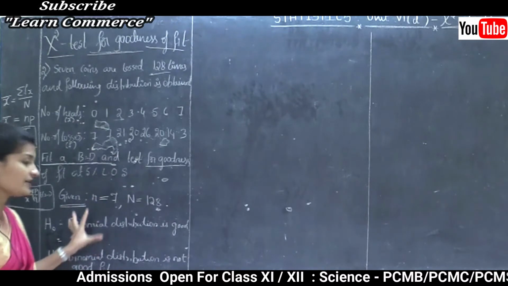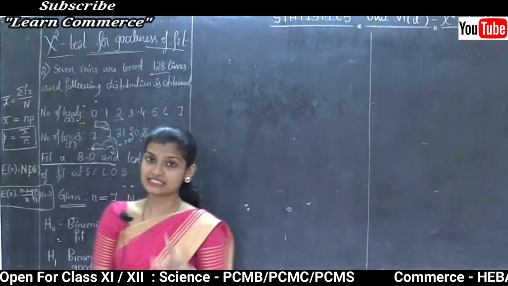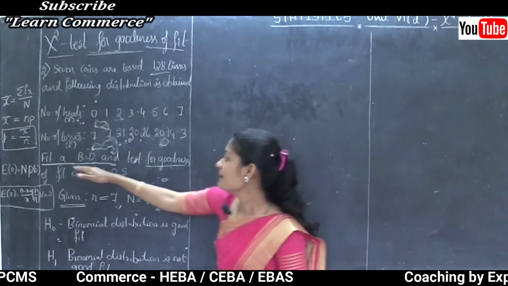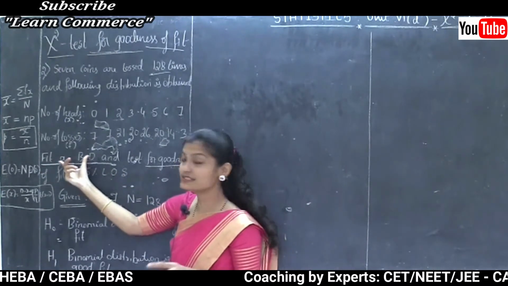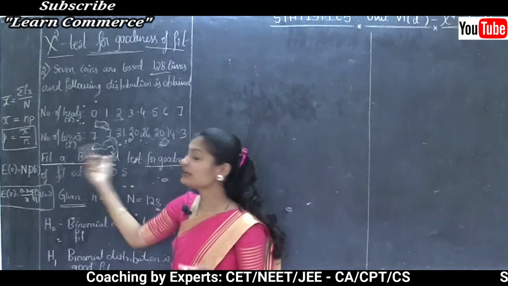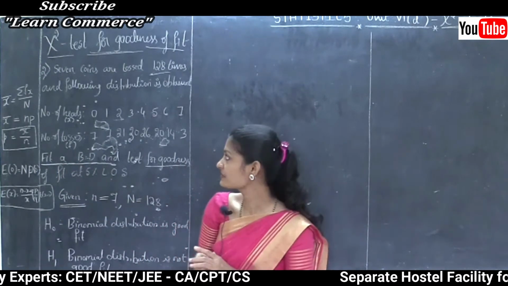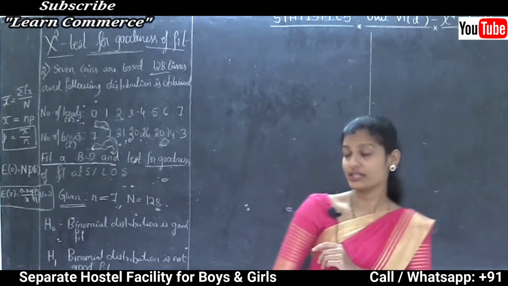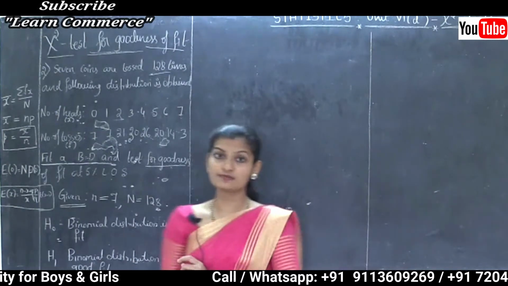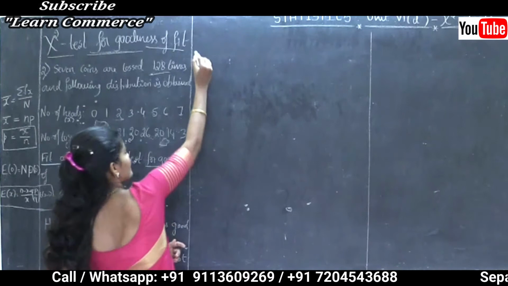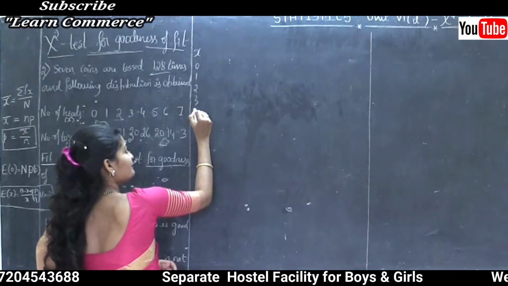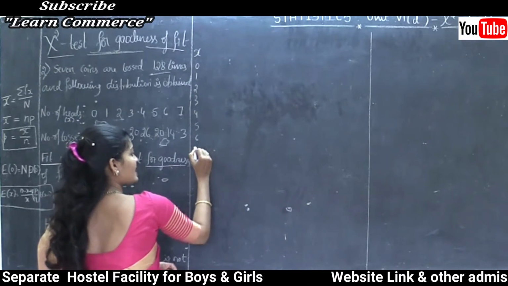Okay. Before going to step 3, which is the test statistic, let's see the steps to fit a binomial distribution. Step 1 is to find the mean of the observed frequency distribution. The given observed frequency distribution is like this: x observations are 0, 1, 2, 3, 4, 5, 6 and 7.